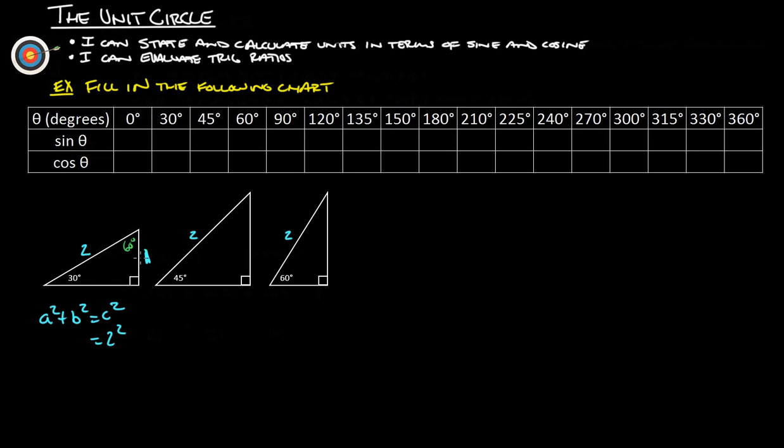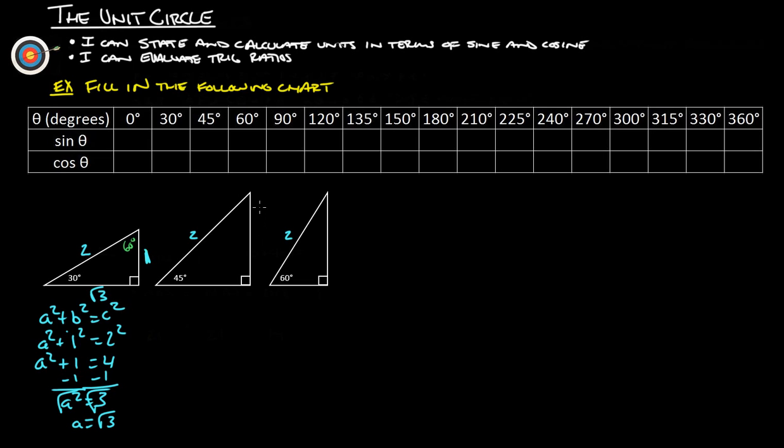So this is 2 squared, and let's call this a, so we'll do a squared, we don't know what that is, plus 1 squared equals 2 squared. So we get a squared plus 1 equals 4. We subtract 1 from both sides. A squared is 3. We square root both of those, and we get that a is the square root of 3. So this length right here is going to be square root of 3.